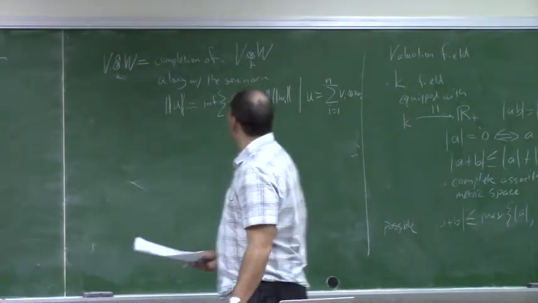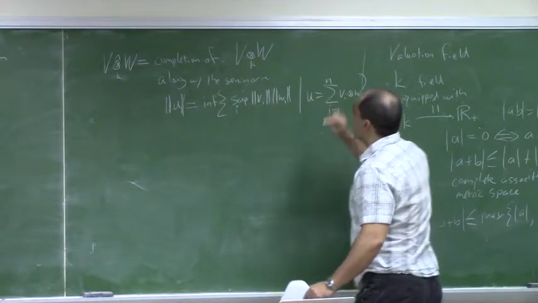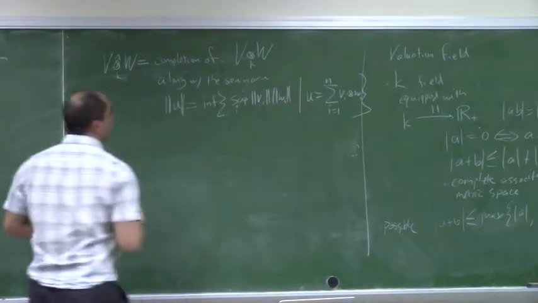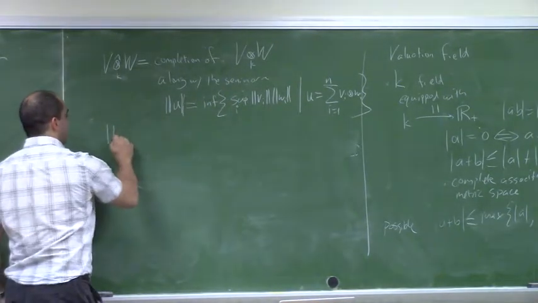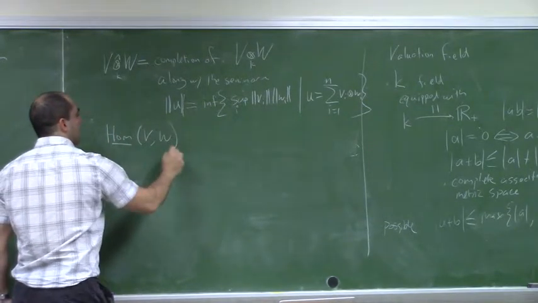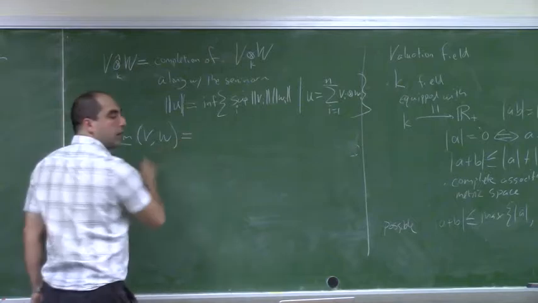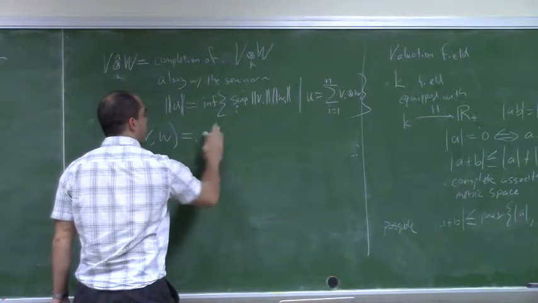And you also have this internal Hom here, which is just Hom(V, W), the bounded homomorphisms together with the operator norm.